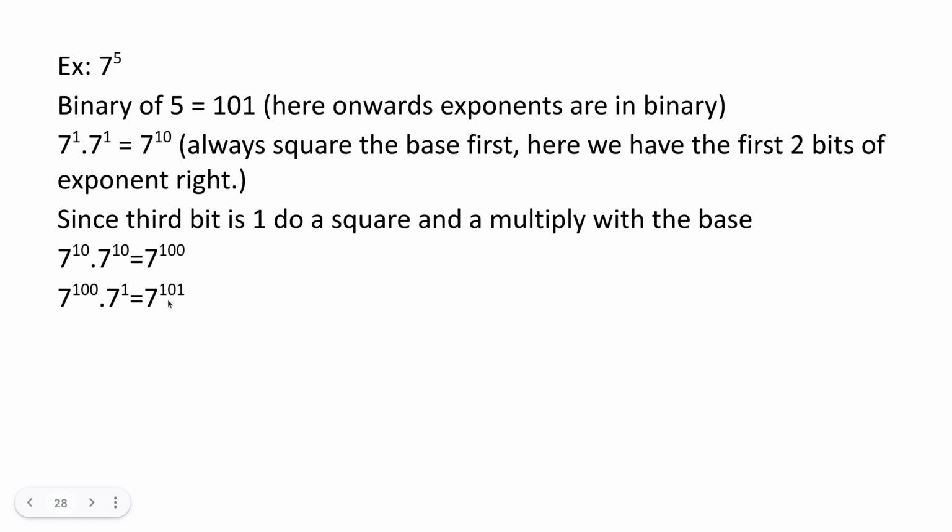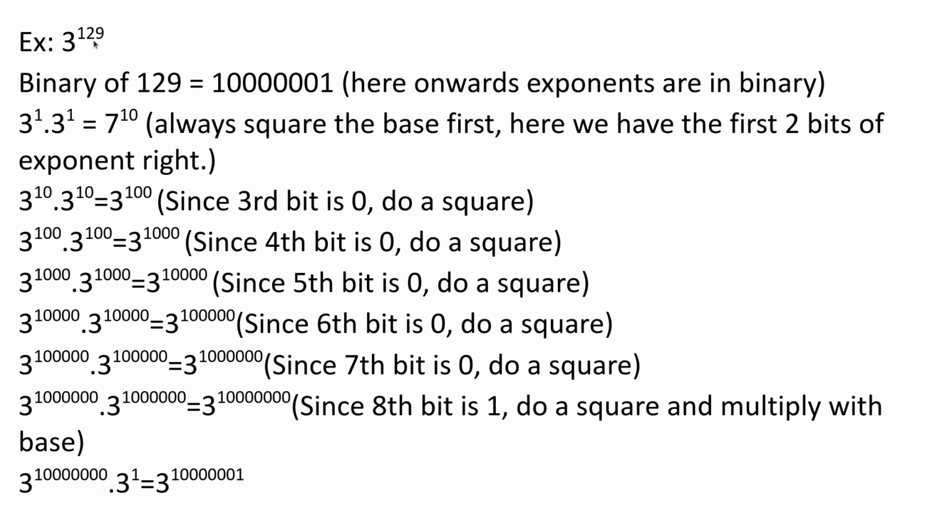When you do that, you get 7 raised to 101, and that is the result. So 7 raised to 5 we have achieved in just 3 steps, which is the number of bits in the binary 5.